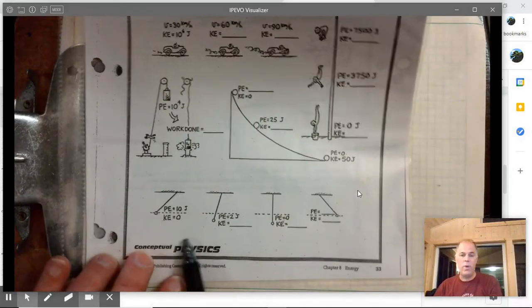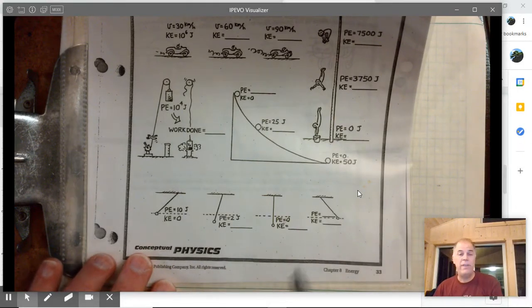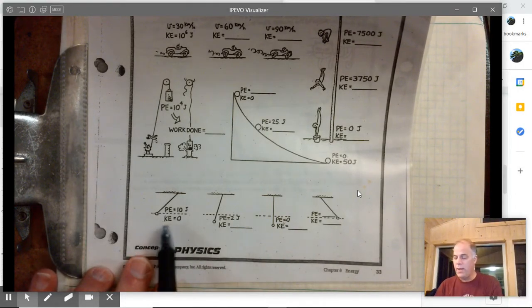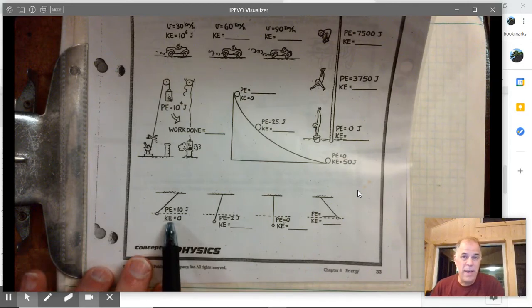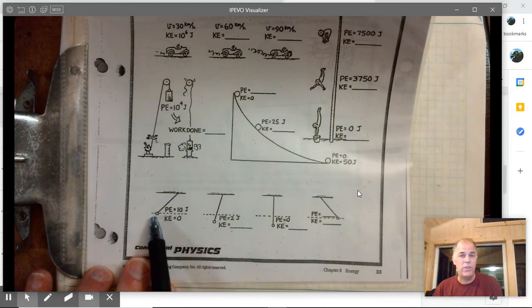Most of these are just like this. The pendulum one down here at the bottom is actually a pretty revealing one and a significant one. You've probably never thought of a pendulum this way before, but a pendulum is continuously converting potential energy into kinetic energy and back again. So the pendulum is as high as it can go. It's at the top of its swing. It stops for a moment there.